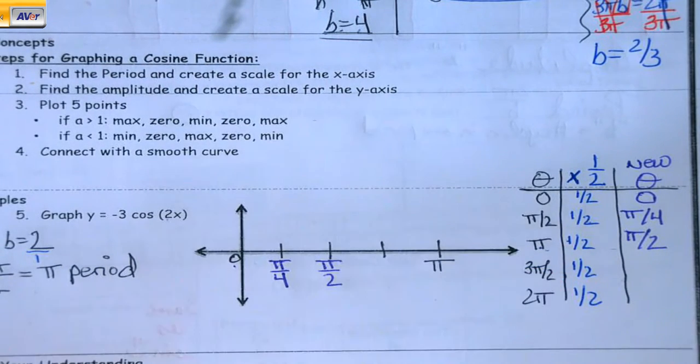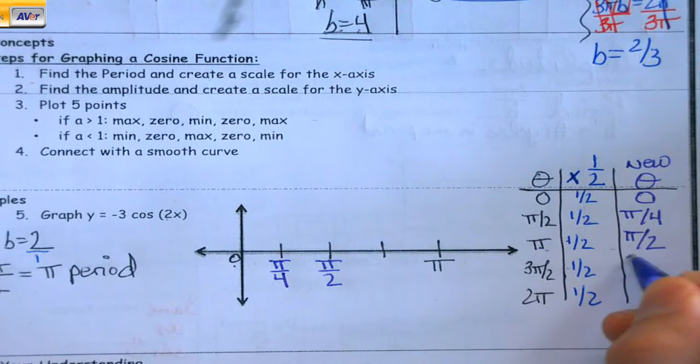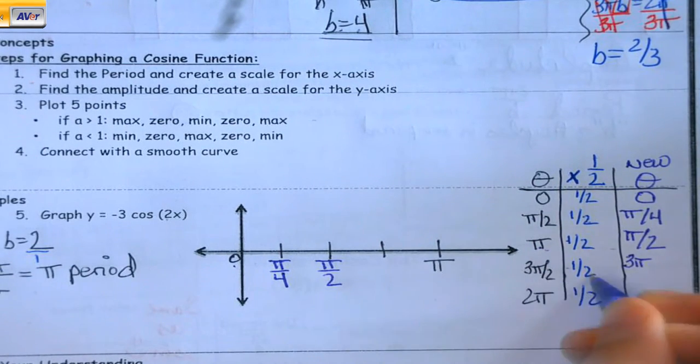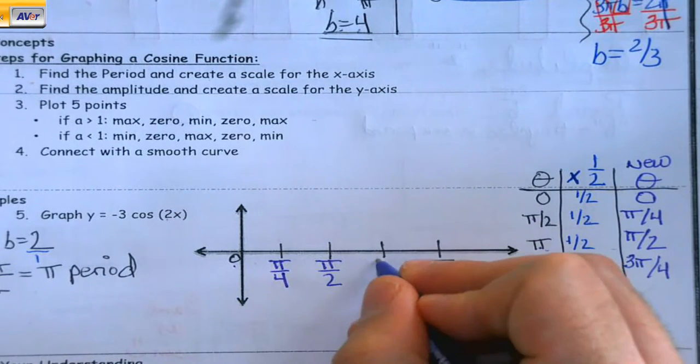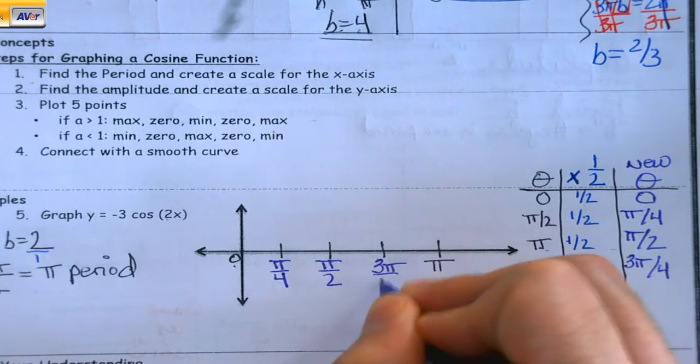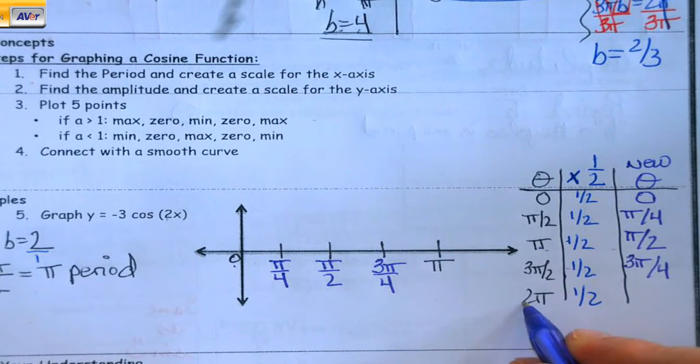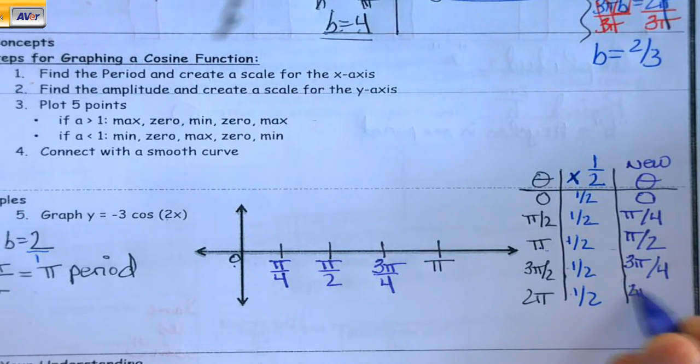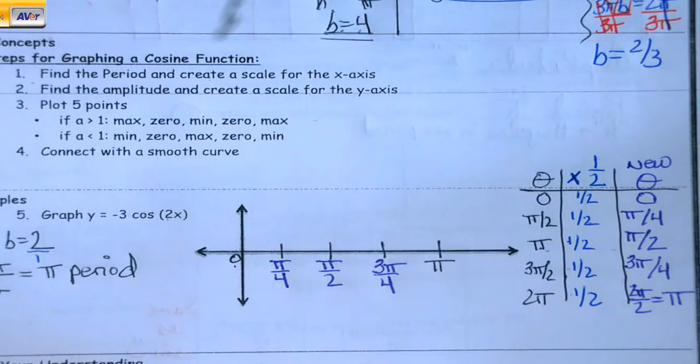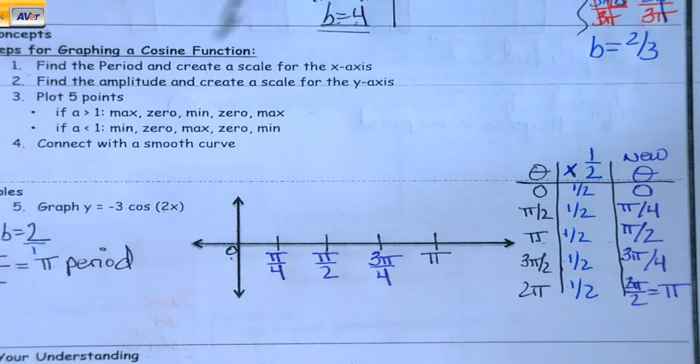Pi over 2. 3 pi times 1, 3 pi. 2 times 2, 4. 3 pi over 4. And 2 pi times 1 would be 2 pi over 2, which is pi. And that's kind of my double check to make sure that this is working.